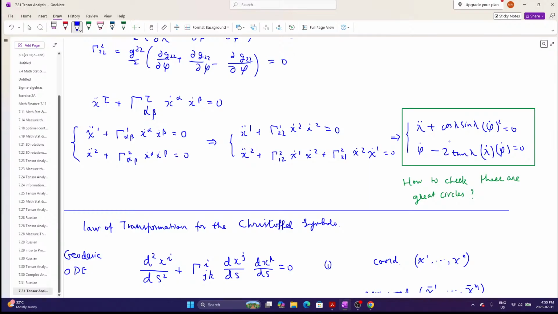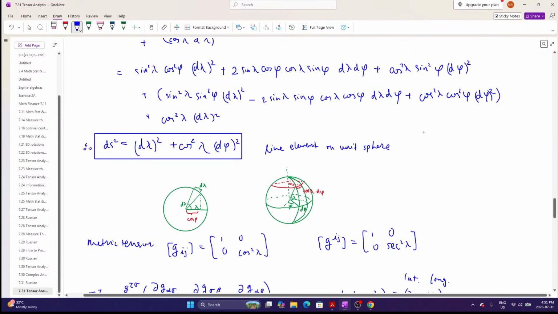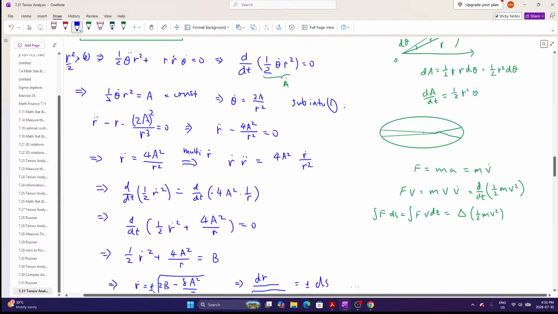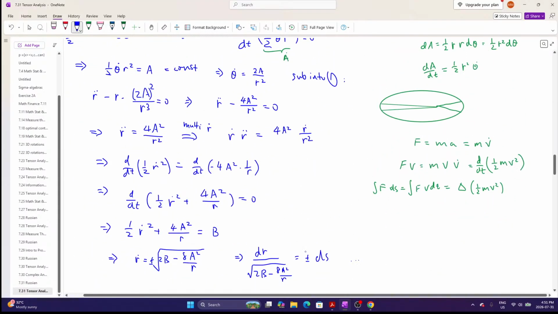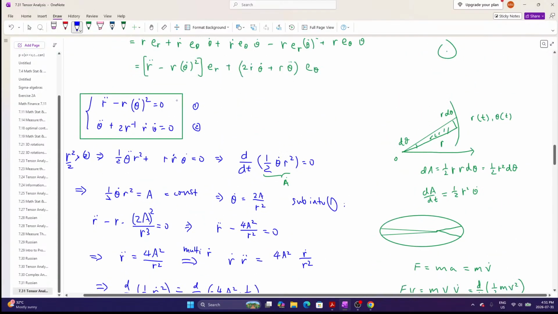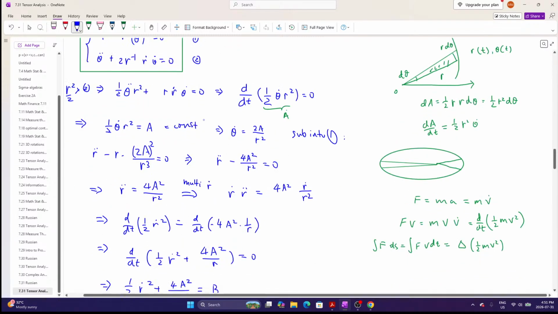Special tricks may still be needed to solve the geodesic equation, which is a little bit annoying, but this is the way it is. It's seen especially in the polar coordinate example. It's not entirely clear how the geodesic equation will give us the straight line, as it's supposed to.